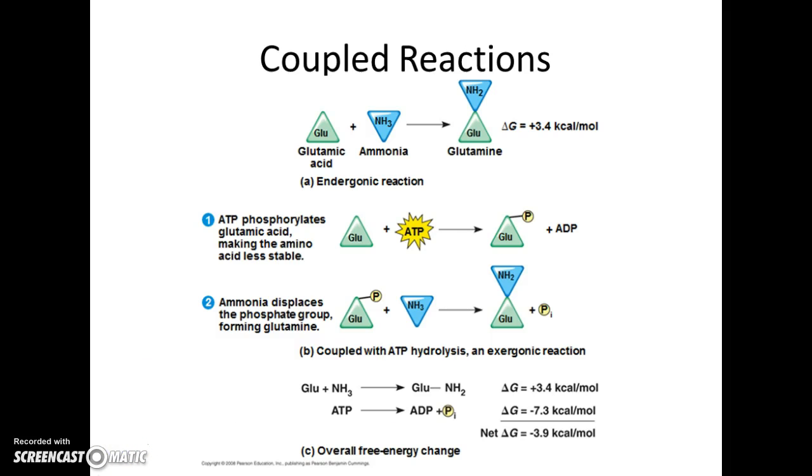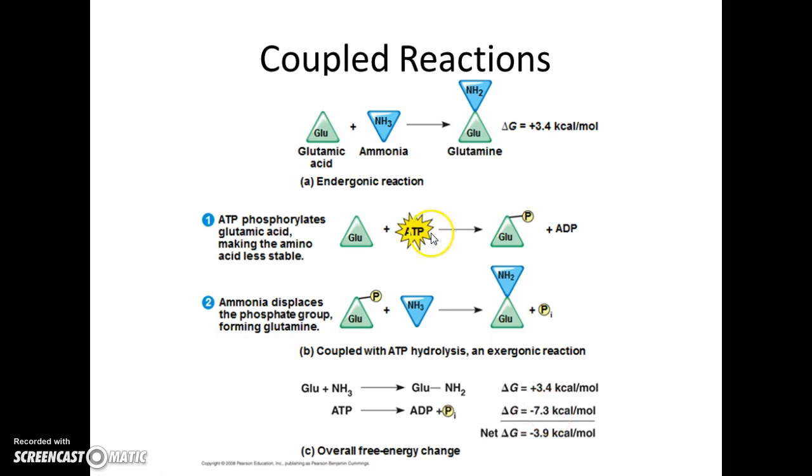So looking at coupled reactions, we can see on the screen here an example between glutamic acid and ammonia to create glutamine, which appears to be endergonic. You have a positive delta G, everything's cool. But this is actually a two-step process, and what we're not seeing in this value here is the phosphorylation of glutamine, and that's actually got a negative value of 7.3, a spontaneous reaction.